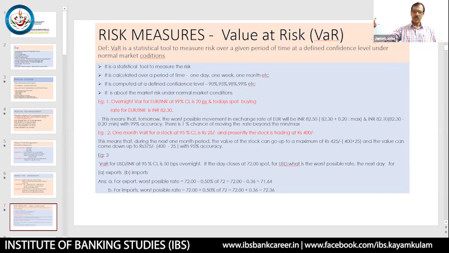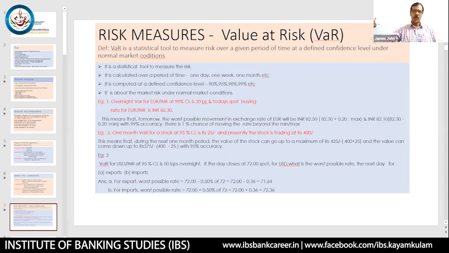Now here, what does the question say? 95% this prediction can be correct, and there is 5% wrong. So the question says at 95% confidence level, there is 50 basis points overnight. That means the rate can move up or come down by 0.5%.